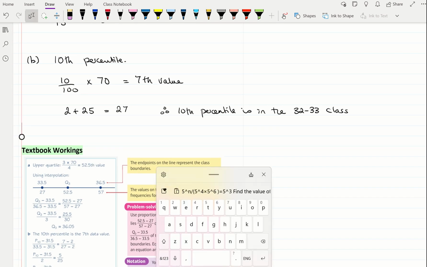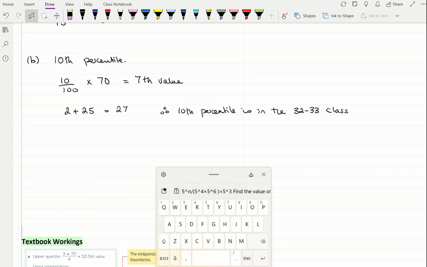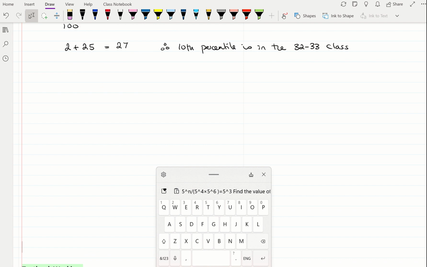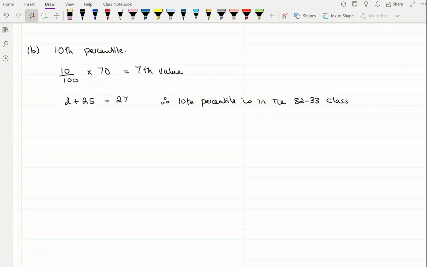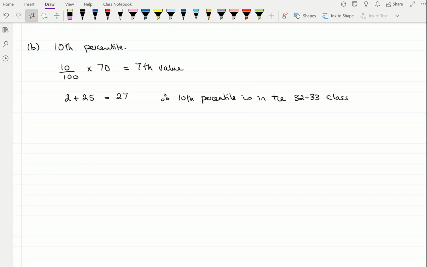Again, I'm going to create some space so we can do this. And again, I'm going to assume that the class is a bit bigger than it is. Instead of starting at 32, it's going to start at 31.5, and instead of ending at 33, it's going to end at 33.5.